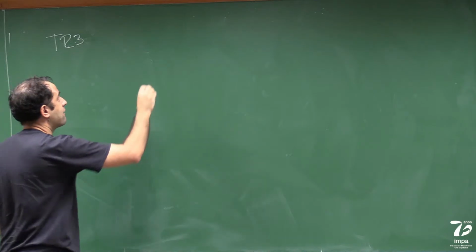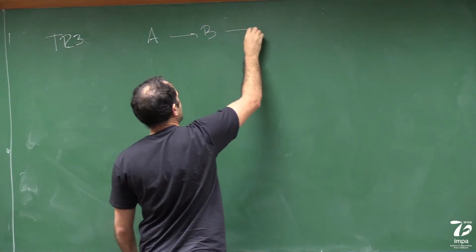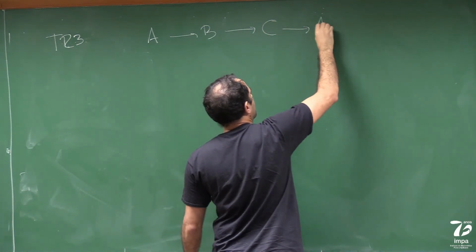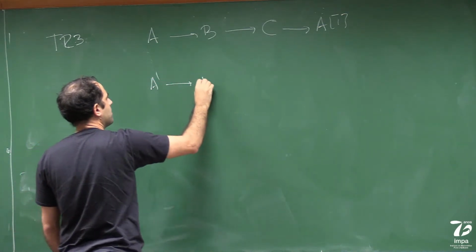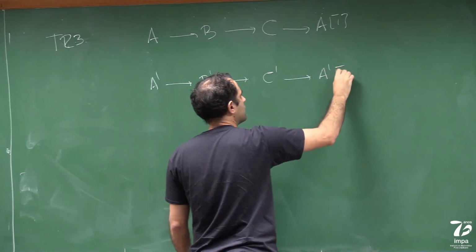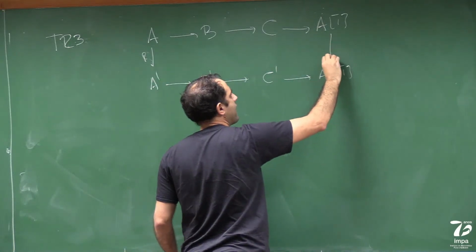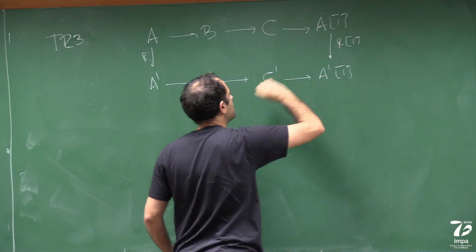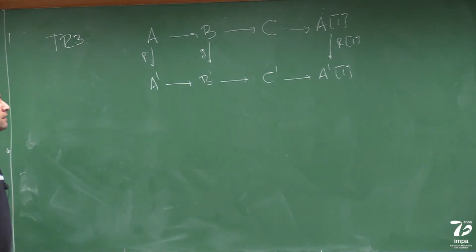Is that if you have a map of triangles, A, B, C, A shifted by 1, and A prime, B prime, C prime, A prime shifted by 1. Again, a map of triangles, remember that if I had F here, this was forced to be F shifted by 1. I have some G here. If I have something like this, making the diagram commute, so this is not yet a morphism of triangles.